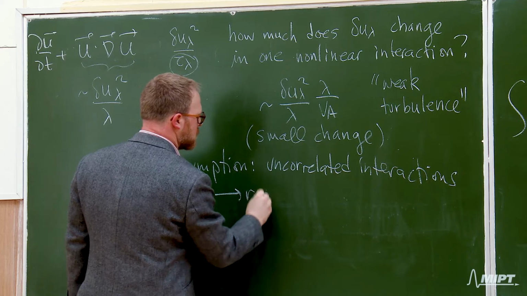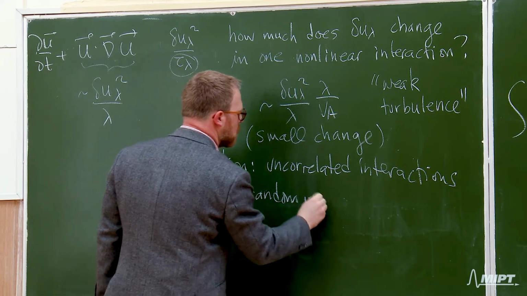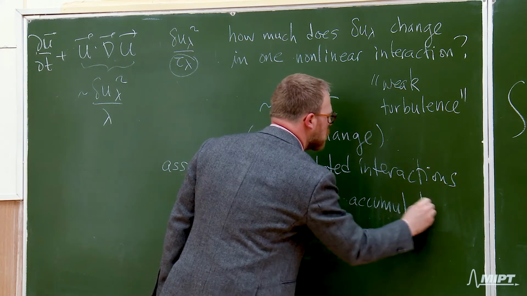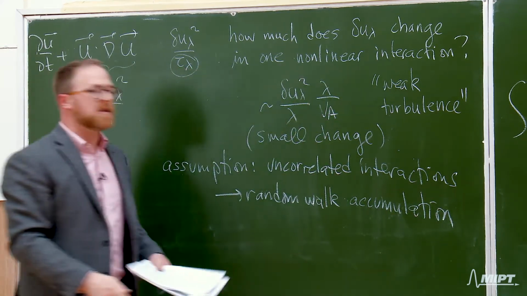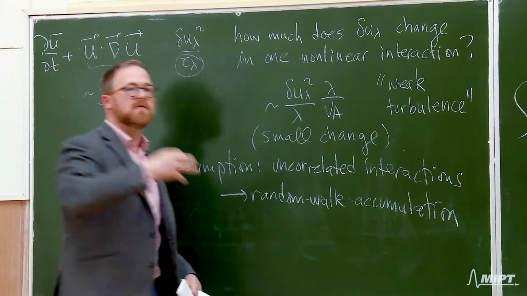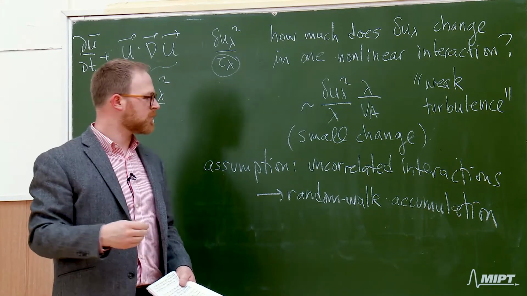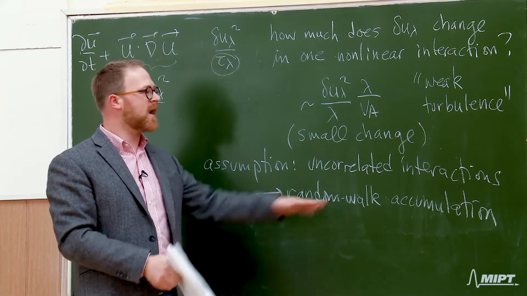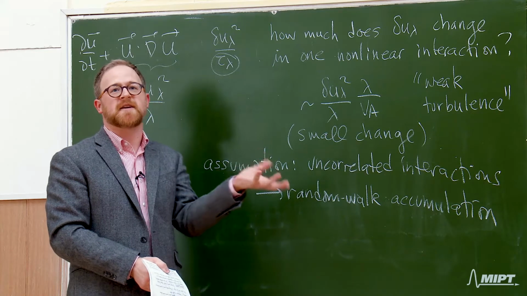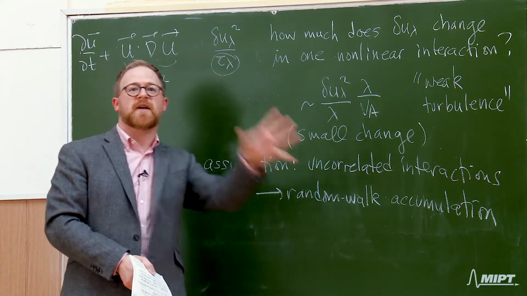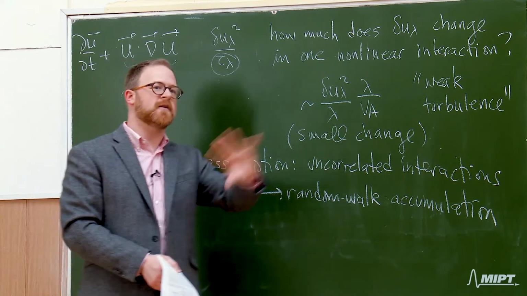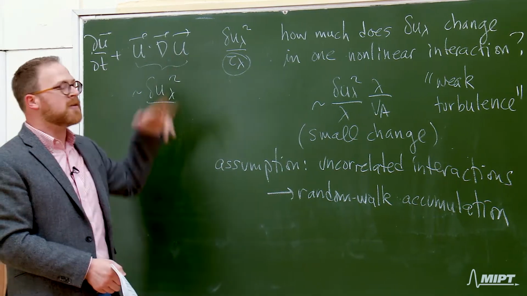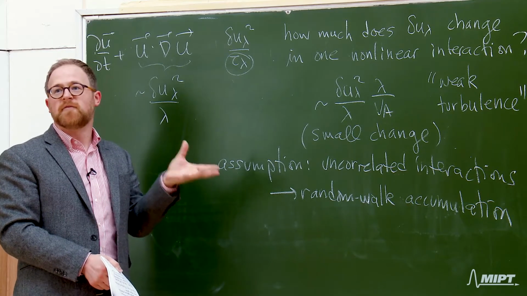And what this does leads to a random walk accumulation of changes to your wave packet. And then what you want to ask is how many of these uncorrelated interactions does it take to significantly distort this wave that I'm following, right? So I have this wave packet, it's going along, it's colliding with a bunch of other wave packets, they're nonlinearly interacting. How long does it take for that thing to be really disturbed?